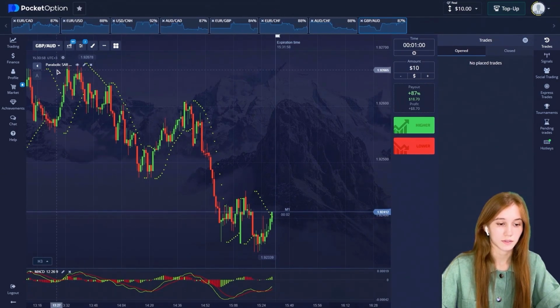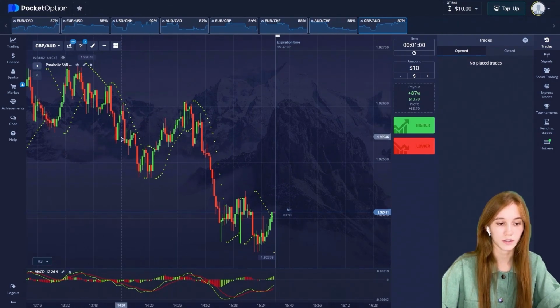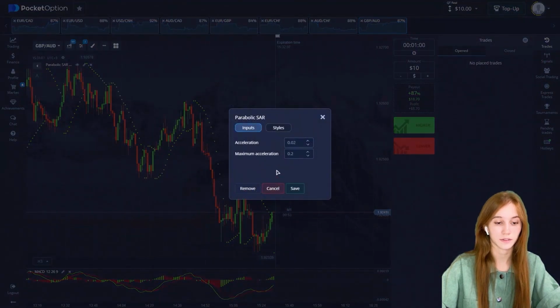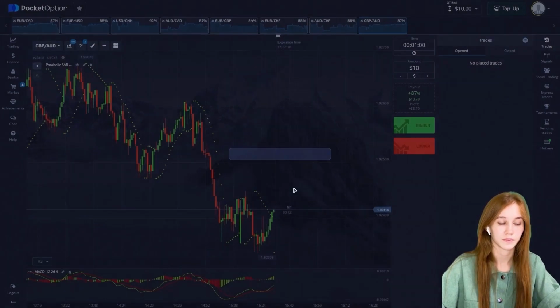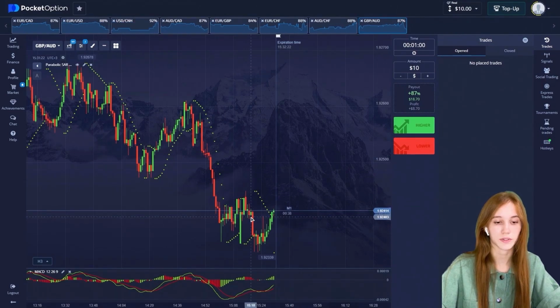So let me tell you about indicators. The first one, you see it on my screen, its parameters. You can copy it and use it. So Parabolic strives to recognize the right moments when the current position should be closed and the opposite one opened accordingly.